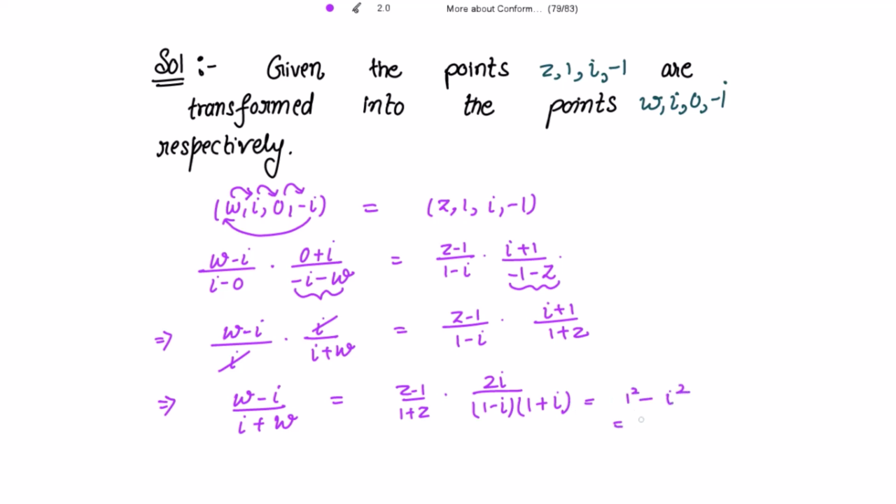That becomes 1 minus minus 1, which is 2. So we have 2 in the denominator and this 2 will go. So w minus iota divided by iota plus w equal to iota into z minus 1 divided by 1 plus z. Fine? Okay.